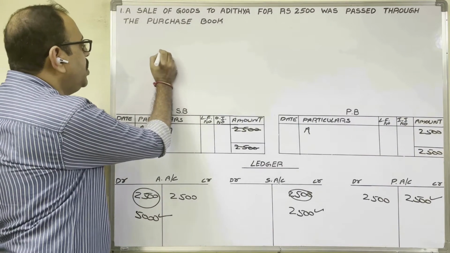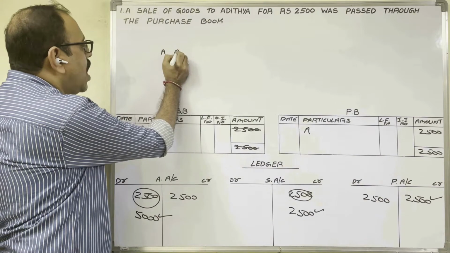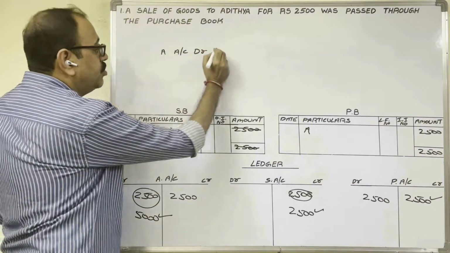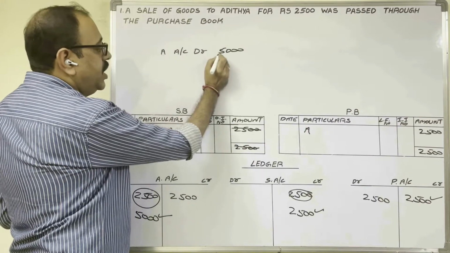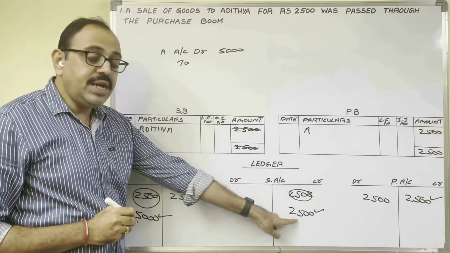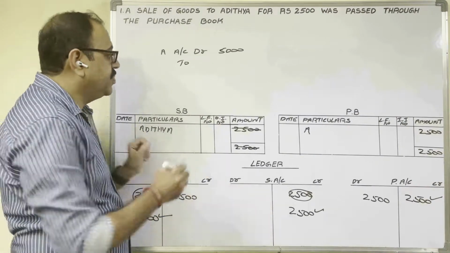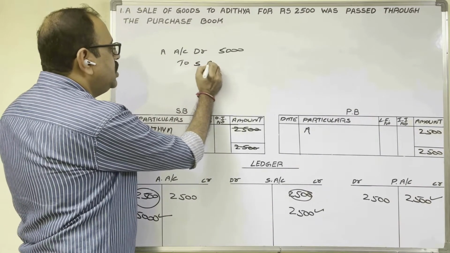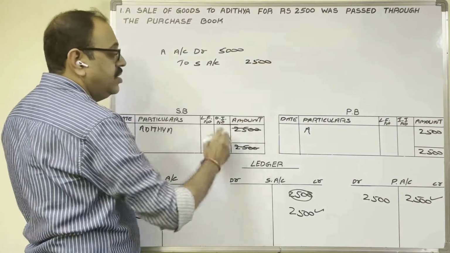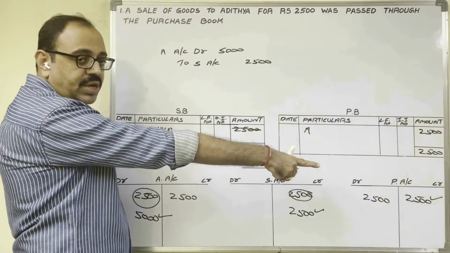Therefore, in rectification of error entry, Aditya account should be debited with 5,000 rupees. Aditya account debtor to. In sales account credit side 2,500 answer came. Therefore, sales account should be credited with 2,500. In purchase account also same.